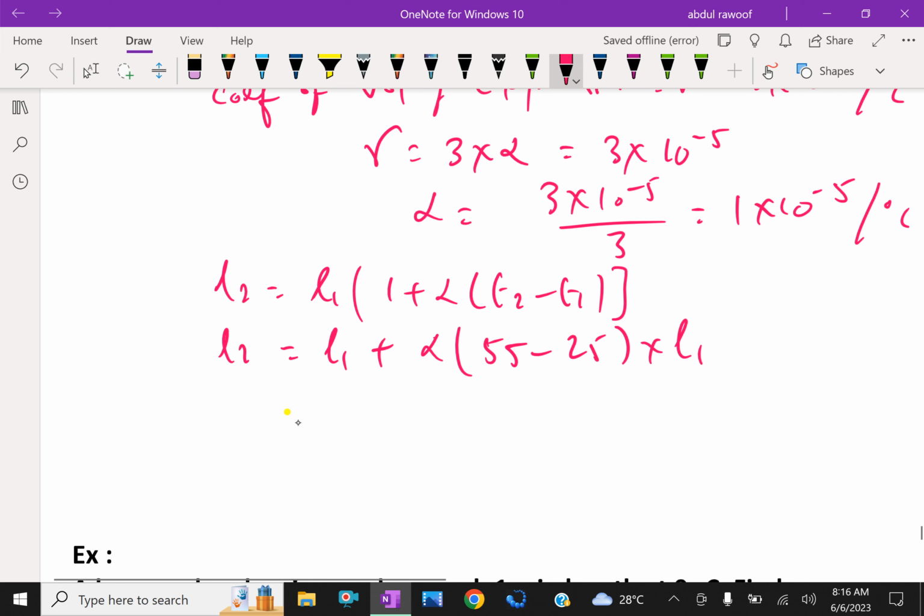Therefore, L2 minus L1 equal alpha, which is given as 1 into 10 power minus 5, times 55 minus 25, which is 30, into L1.